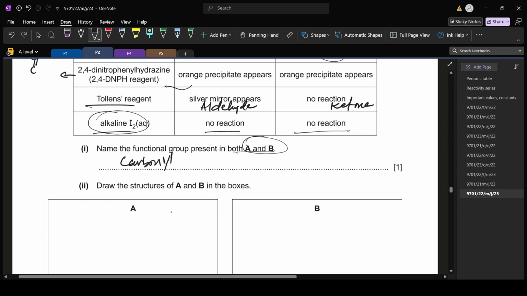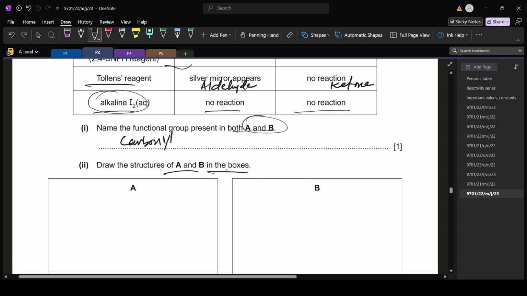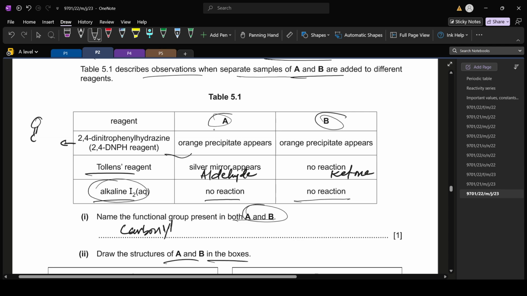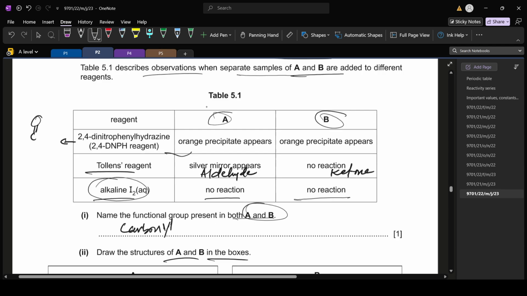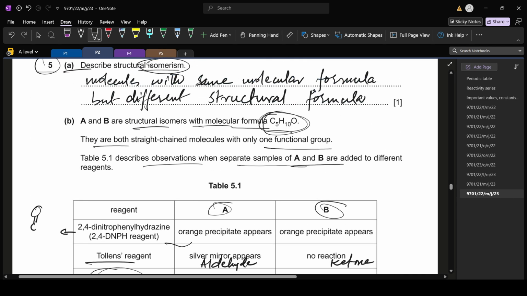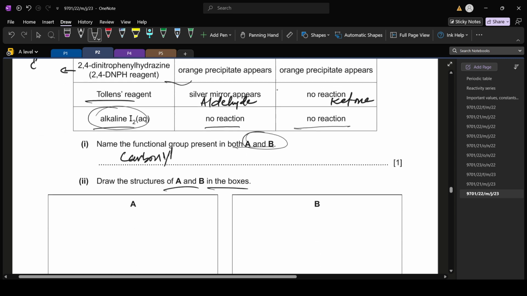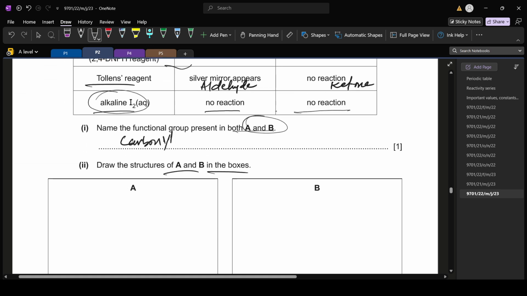Now draw the structures of A and B in the boxes. This is their molecular formula, so they both have 5 carbons, and they both have no reaction with alkaline iodine, which is the test for CH3C=O.